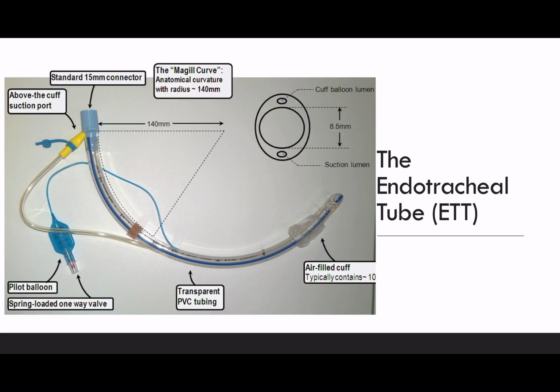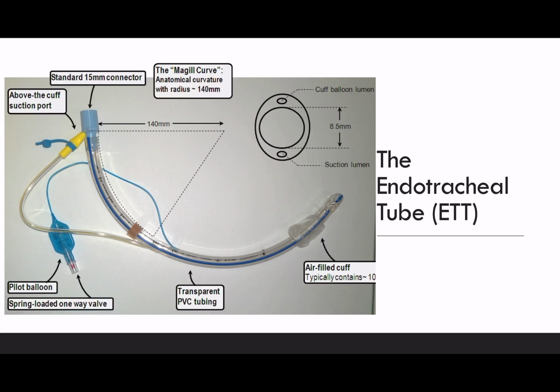If that cuff is not entirely up, the problem is that air might just leak back up around the tube and come out of the mouth. So by having that cuff fully inflated, you prevent that gas from going up and out of the mouth, and all of it will go into the lungs itself. And similarly, when the pressure releases and the lungs recoil back down, all of the gas comes back out through the ventilator tubing and not through the mouth.